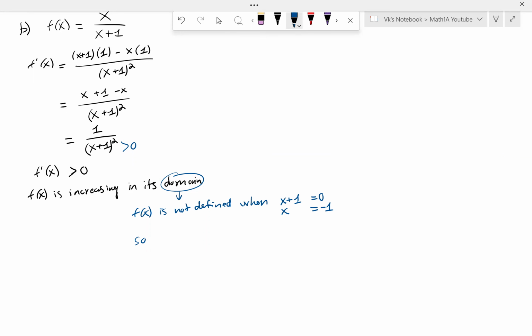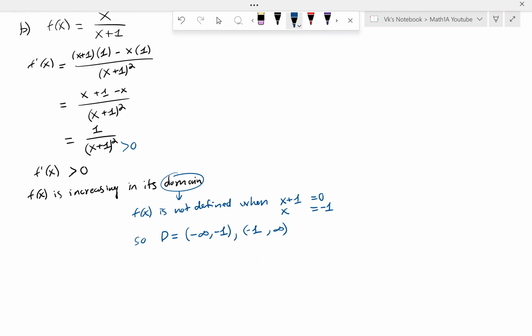So the domain is all numbers except negative 1: negative infinity to negative 1, and negative 1 to infinity. Yay!